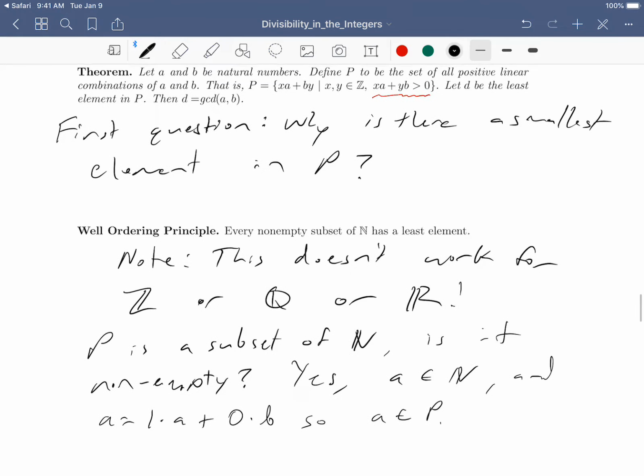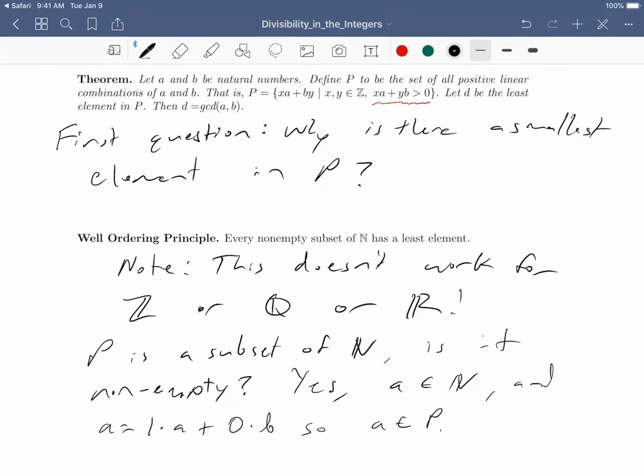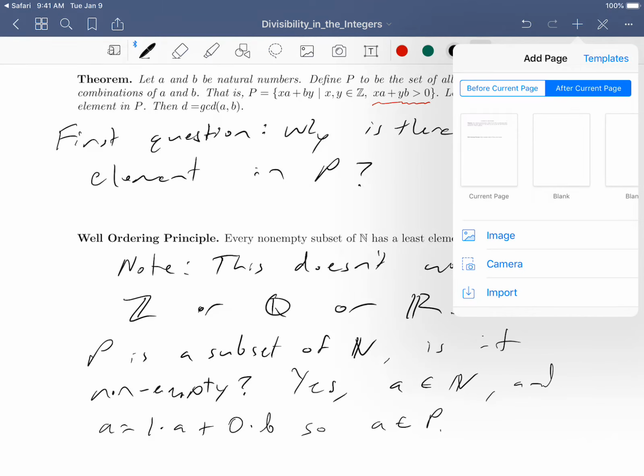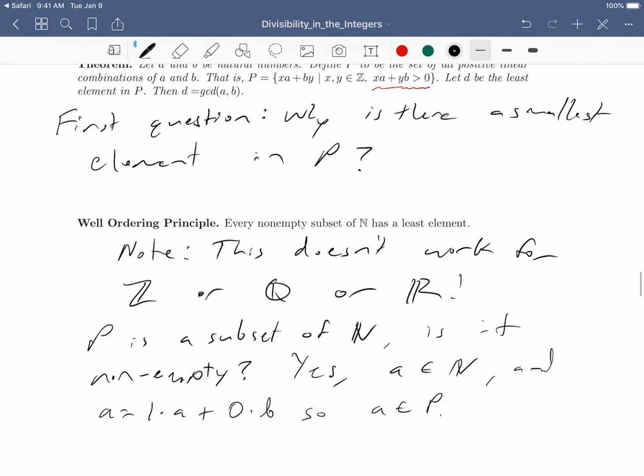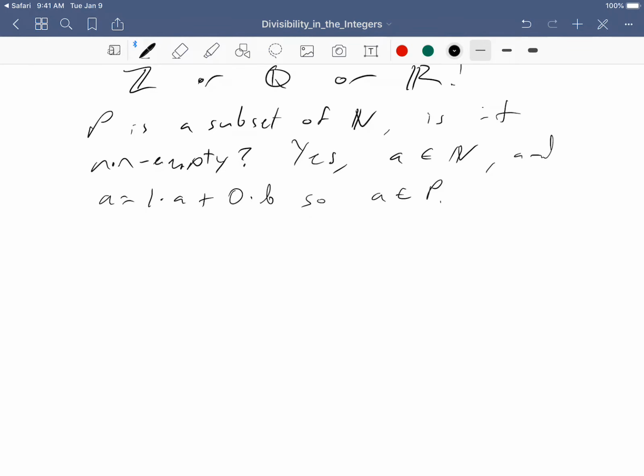All right, so this is one we are going to prove. The proof for it is a little bit messy. I'm going to get myself a new page right away because we're going to need it. But it's kind of an interesting one, so I want to work through this proof, and it will be similar in format to a proof where you have to prove something is the greatest common divisor.